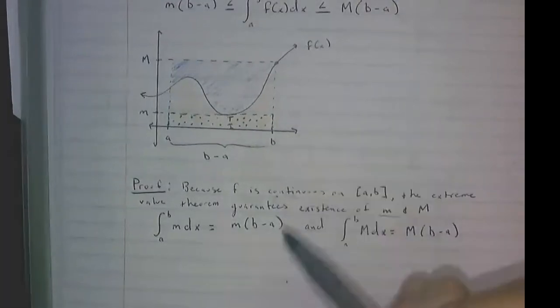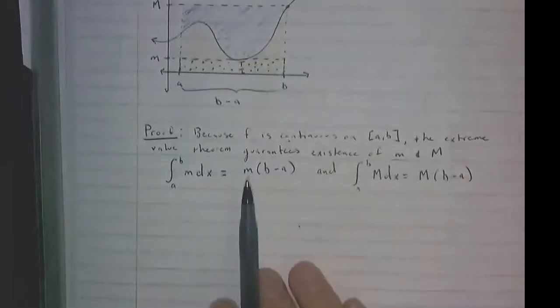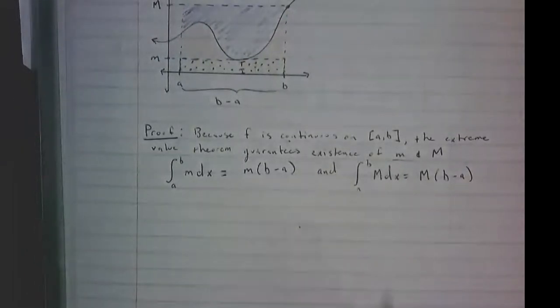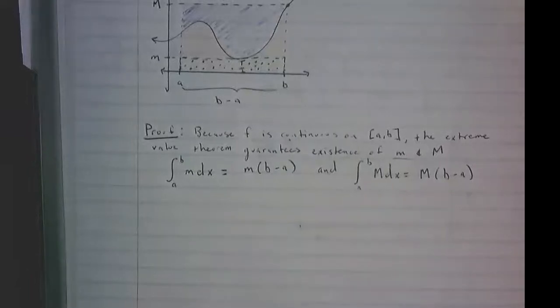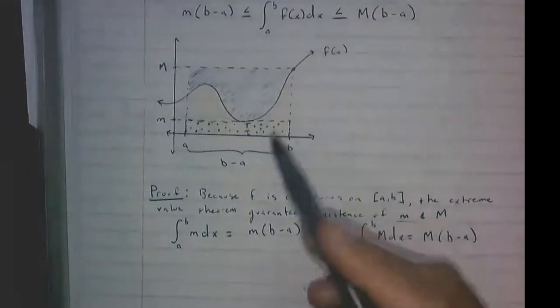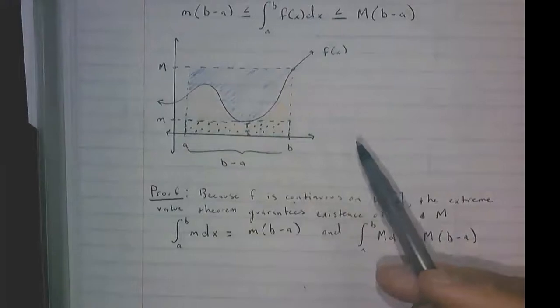And now we get to apply one of our stepping stones. Because m is the absolute minimum of our function, it follows that f of x is greater than or equal to m everywhere on that interval.